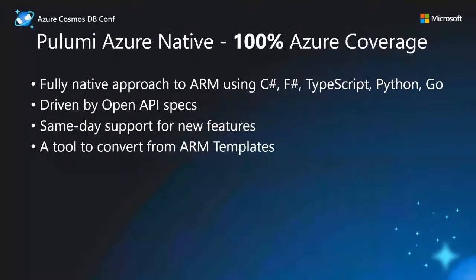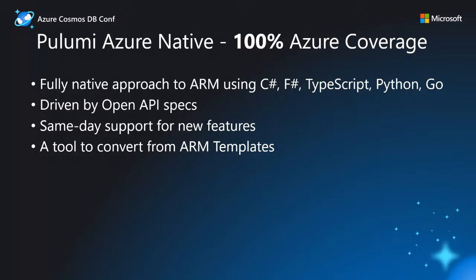Pulumi supports multiple cloud providers, AWS, Google Cloud, and others, but our Azure story is special because just yesterday we introduced the general availability of our native Azure provider. It supports all of our languages and runtimes, but even more importantly, our SDKs are automatically generated from Azure Open API specs that Microsoft publishes.